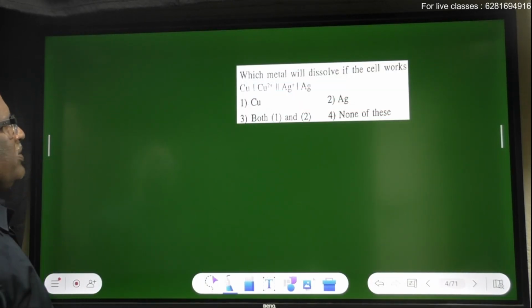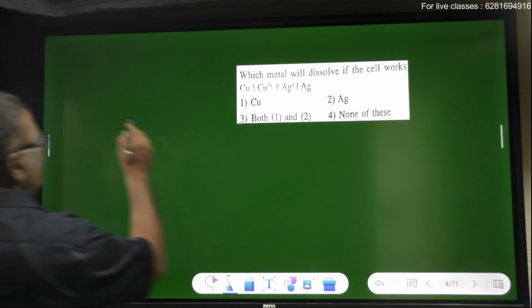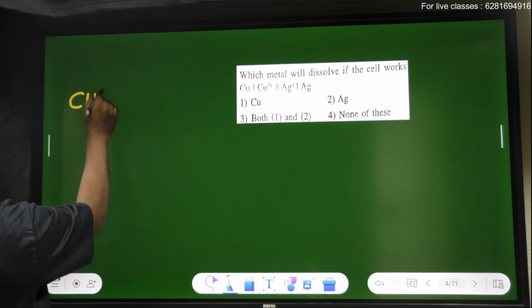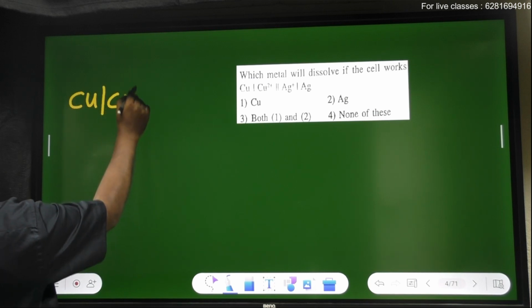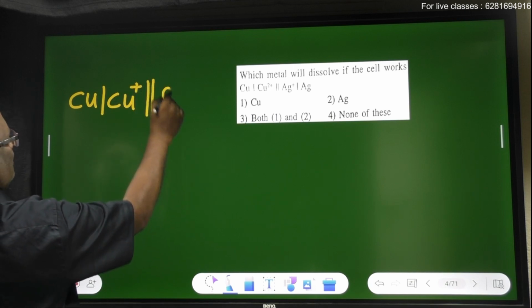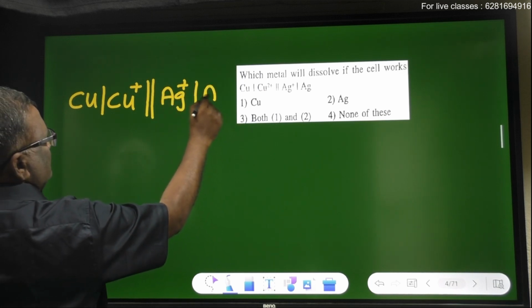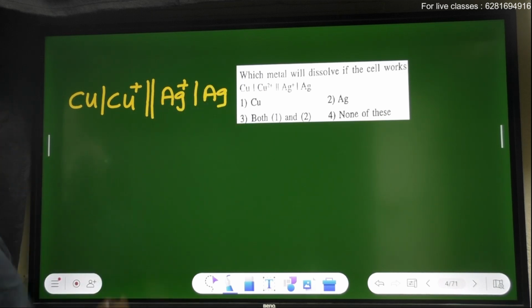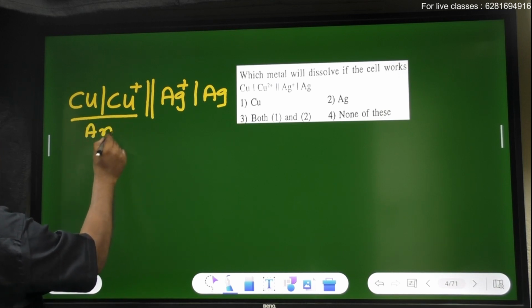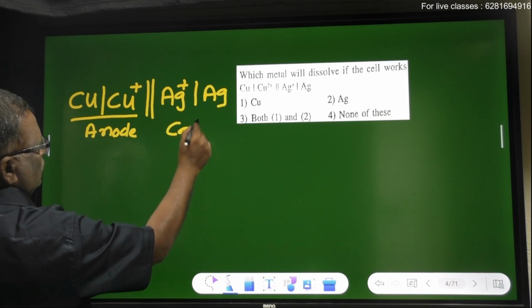Next, which metal will dissolve if the cell works? Here the cell is Cu slash Cu+2, vertical lines for the salt bridge, Ag+ slash Ag. So this is a galvanic cell. In a galvanic cell, the left hand side is the anode and the right hand side is the cathode.